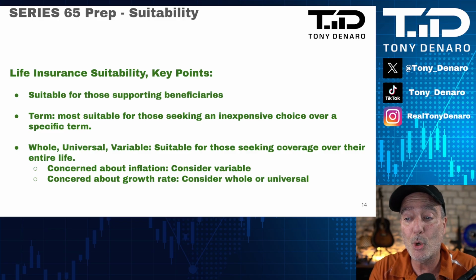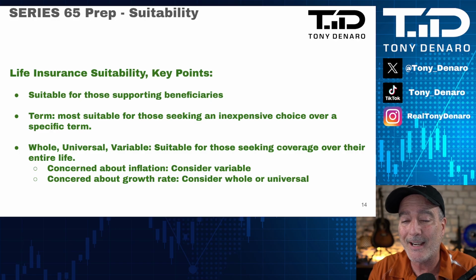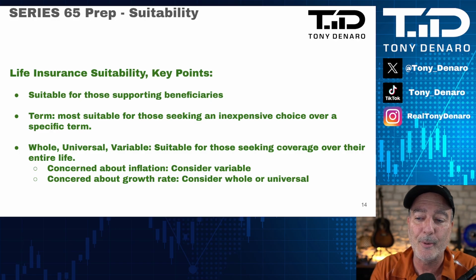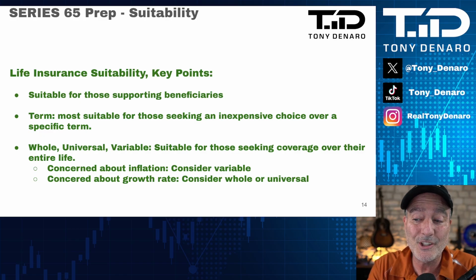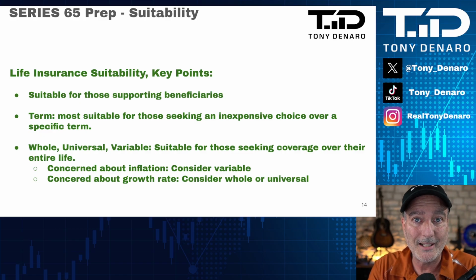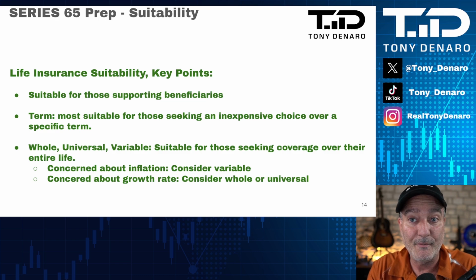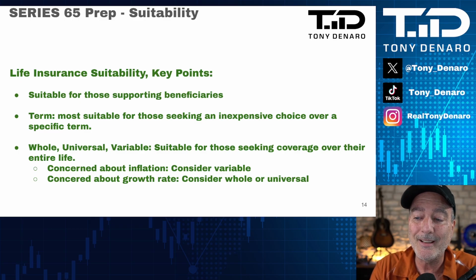The other products, whole, universal, and variable, are more suitable for those seeking coverage over their entire life, not just a certain term. If someone is concerned about inflation, then you might want to consider a variable policy so that they can invest that money in hopefully a fund that grows their cash value faster than the rate of inflation.